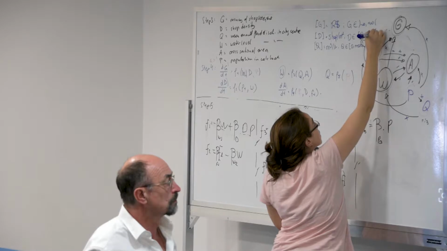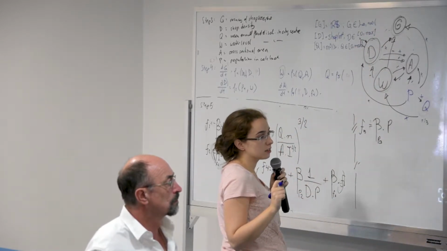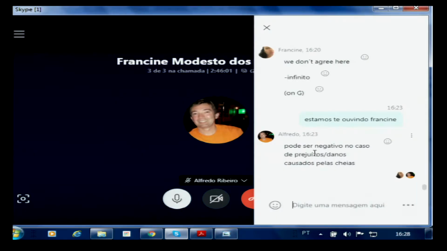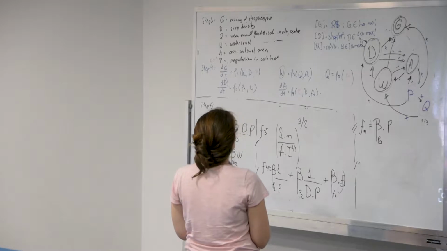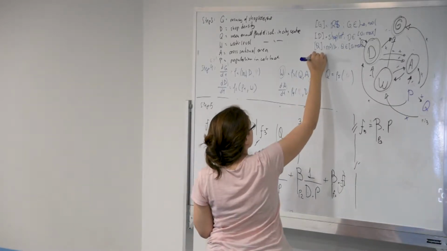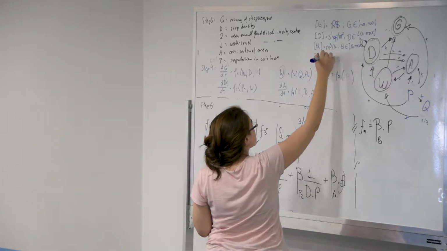So you say it can be negative in case of losses, the G. Well, G is the total money the shopkeepers own, not the annual income or loss. dG over dt is the annual income or loss.